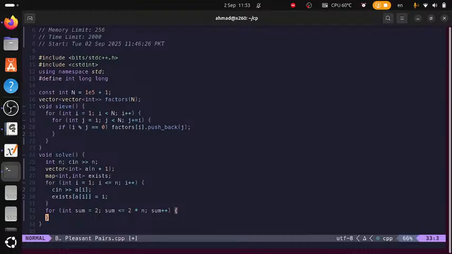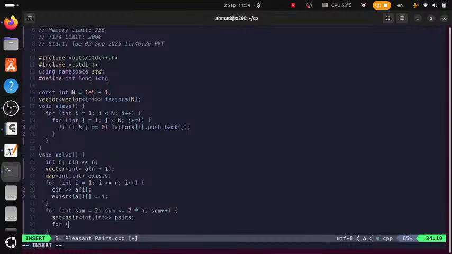And then we check, okay, we're going to find the factors now. Set of pairs. So we're going to find the factor of that sum, right? How do we do that? We're going to iterate through them.